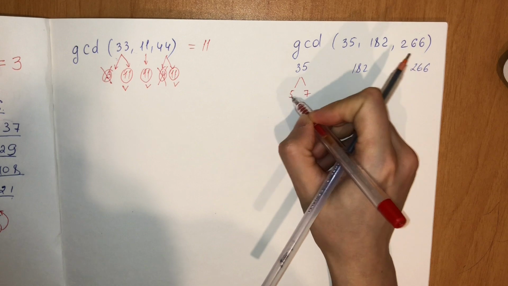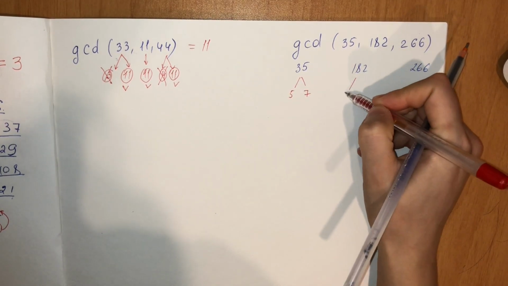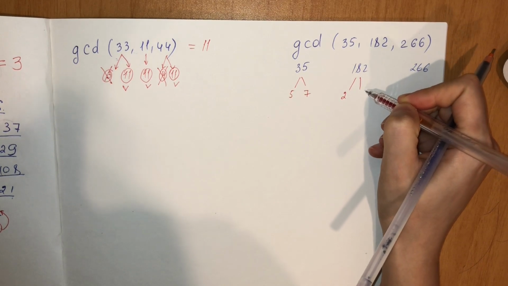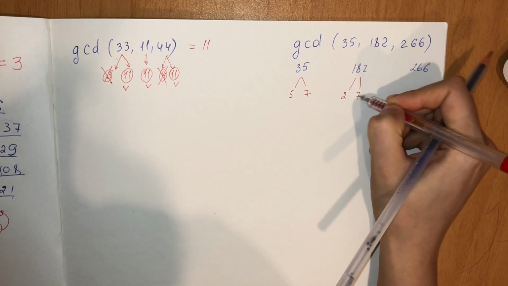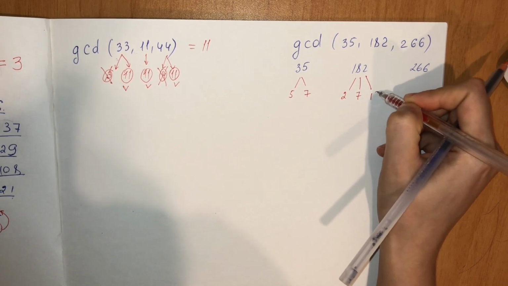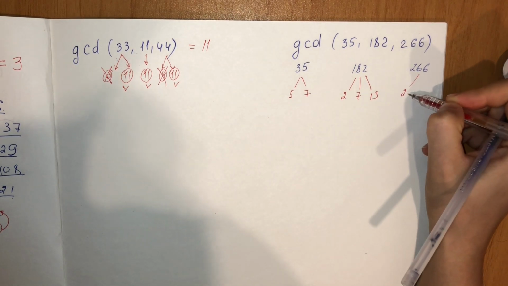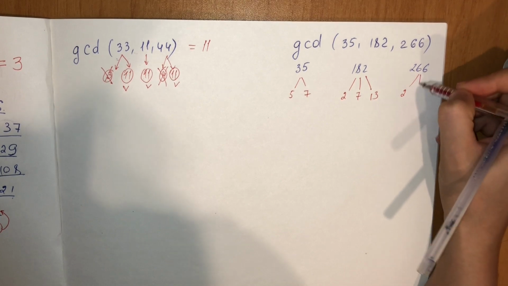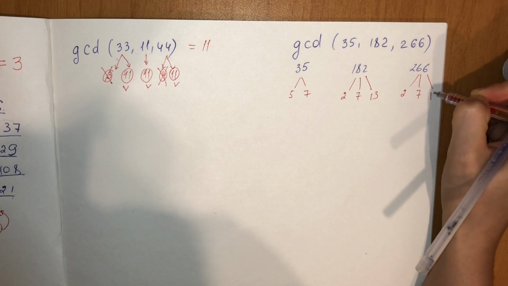They both are prime numbers. Here it is 2 times 91, and if we do prime factorization of 91, we get 7 and 13. And here we get 2 times 133, and it's equal to 7 times 19.